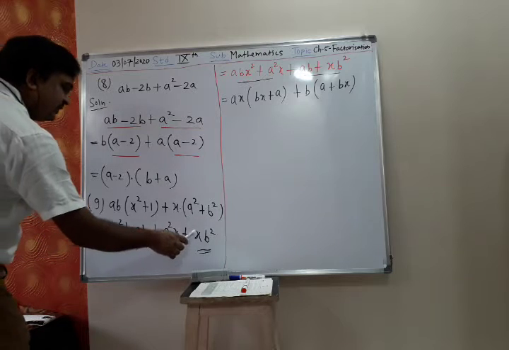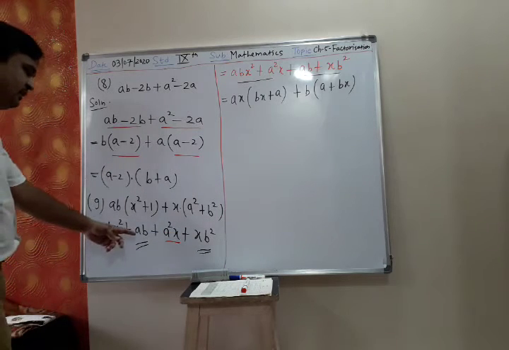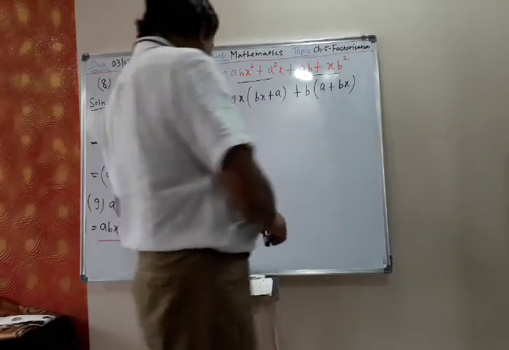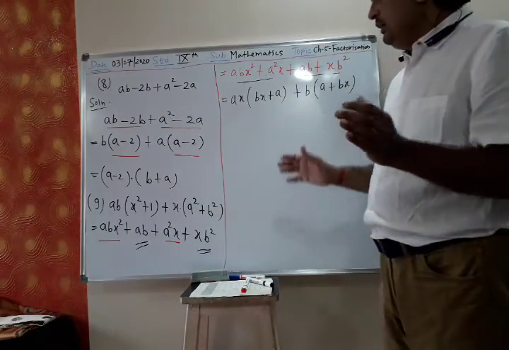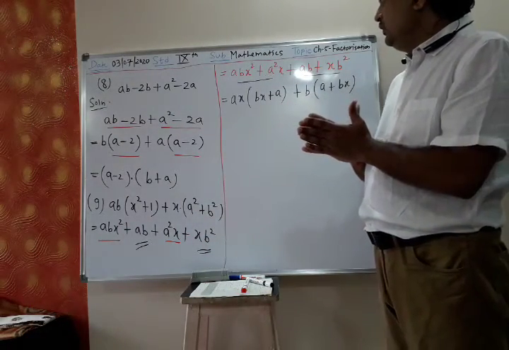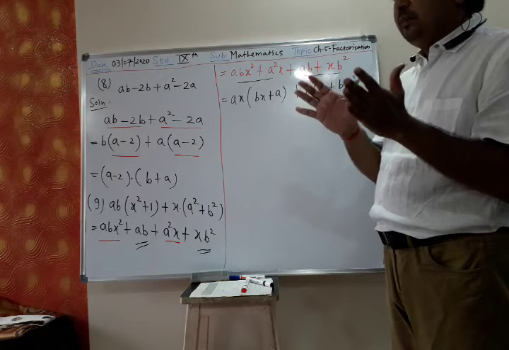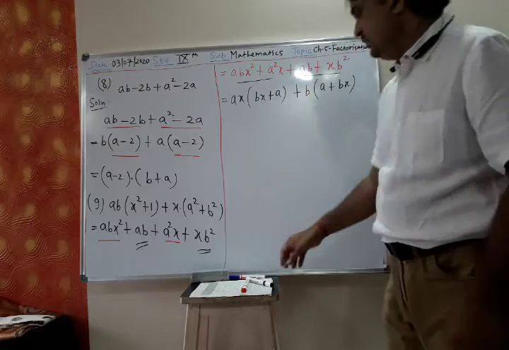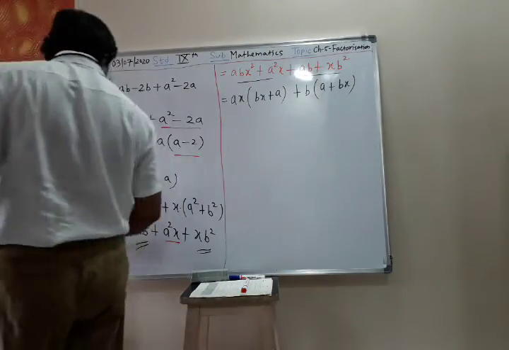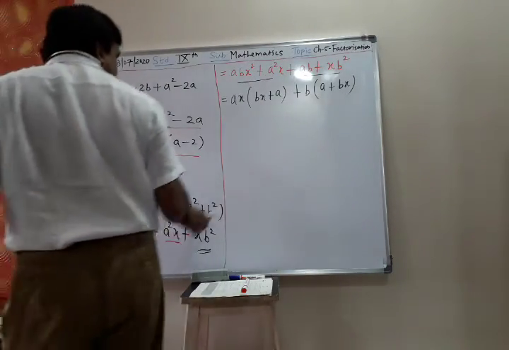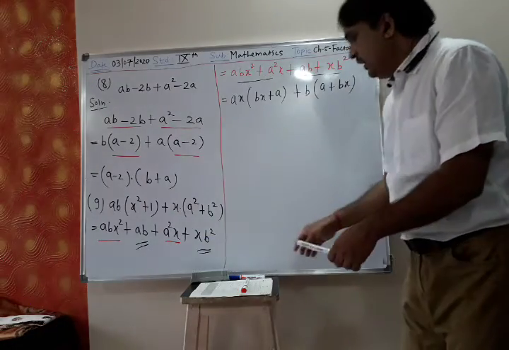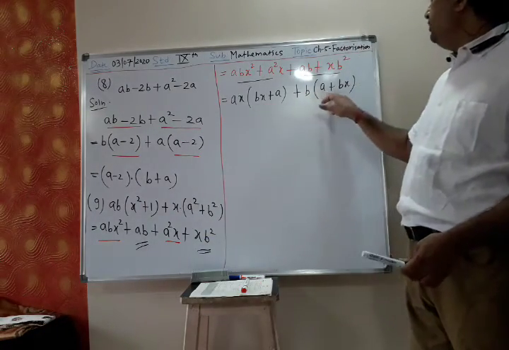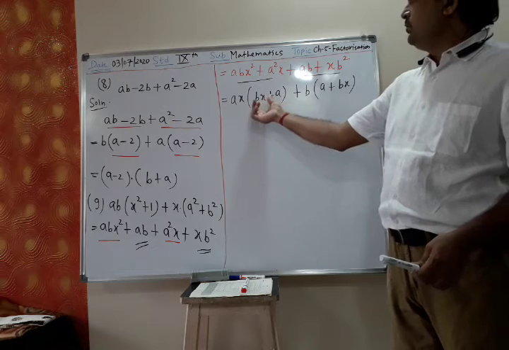AX plus B is left. In grouping you have to take the terms together so that there is a common factor. Now I have taken first and third together, second and fourth together, so that now I have got A plus Bx as the common factor.